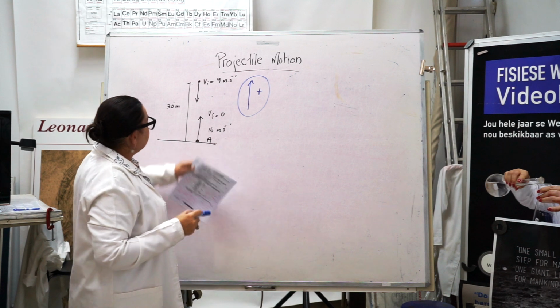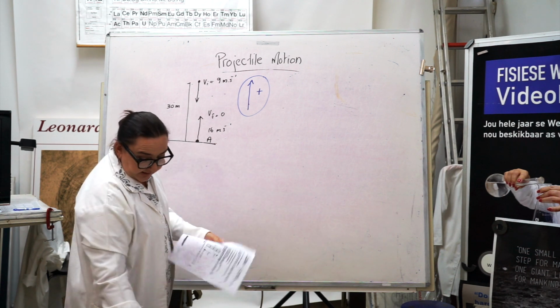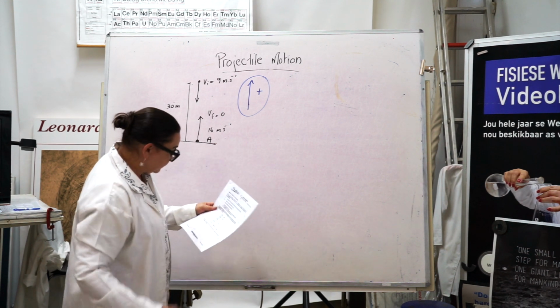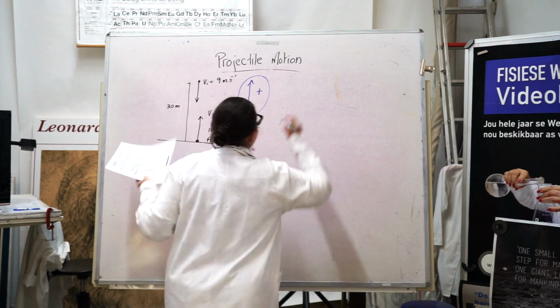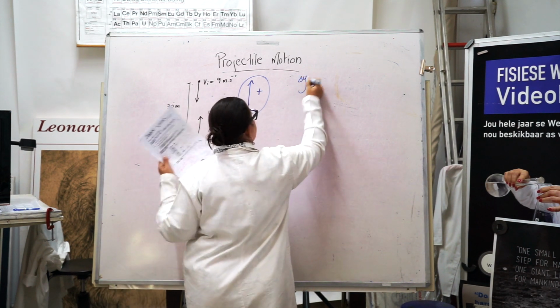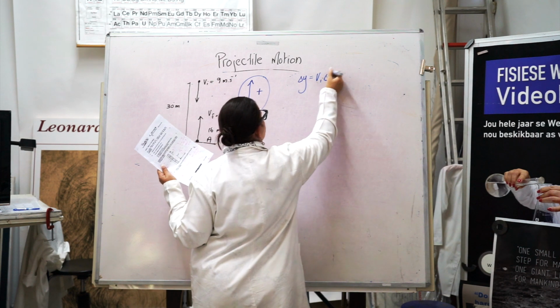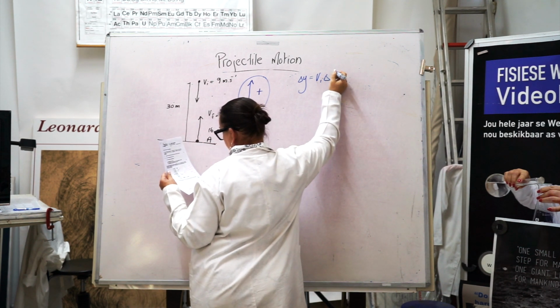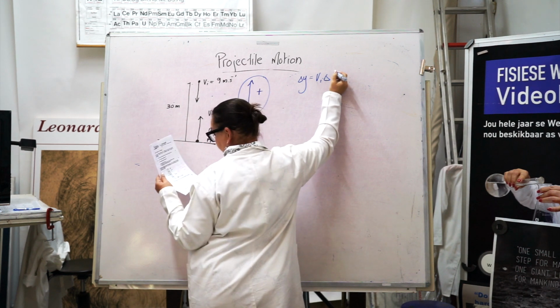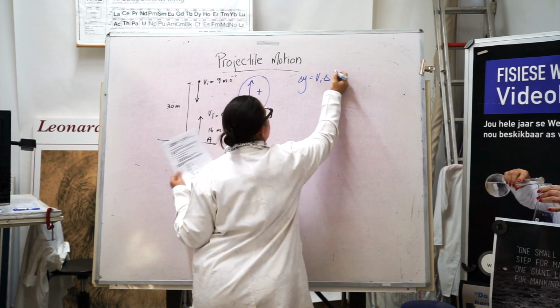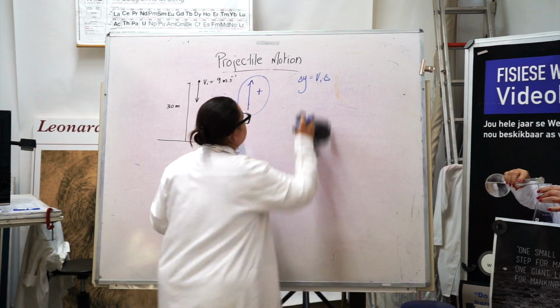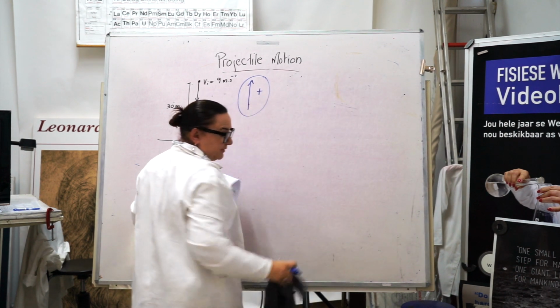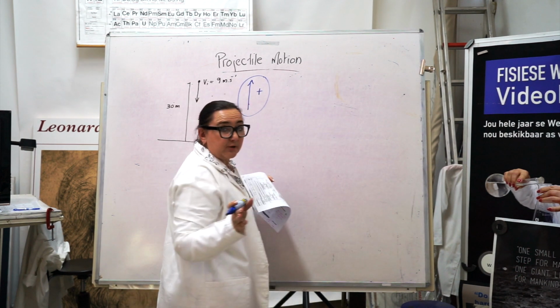So to work out my time, I'm going to use my easy formula, which is my delta y equals, let's just have a look. I don't have that. No, I don't need this one. This one is going to be, you see, that's how we do it.